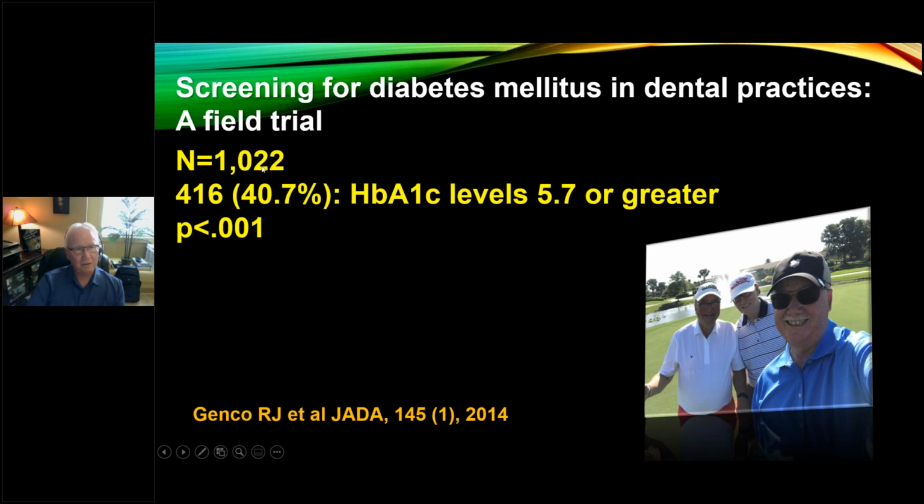They looked at 1,000 patients. They did hemoglobin A1C levels on those 1,000 patients, and 40.7% had levels that basically put them in the pre-diabetic or diabetic range. 40% of just 1,000 patients at random coming into the clinic.